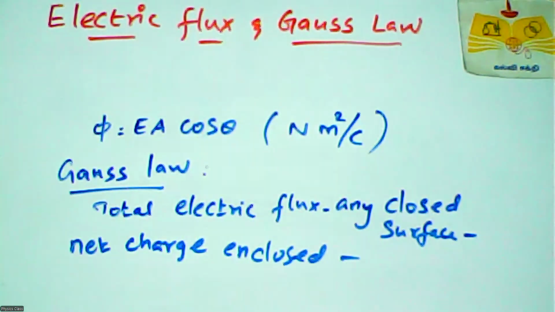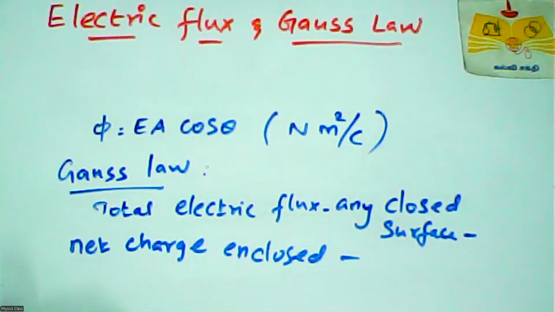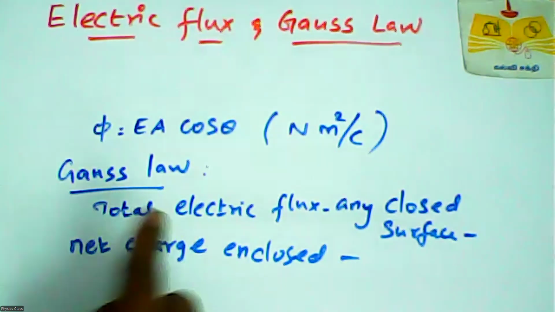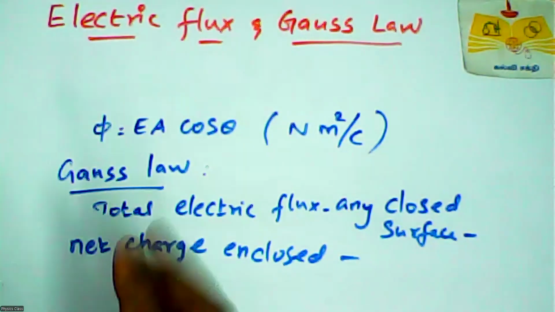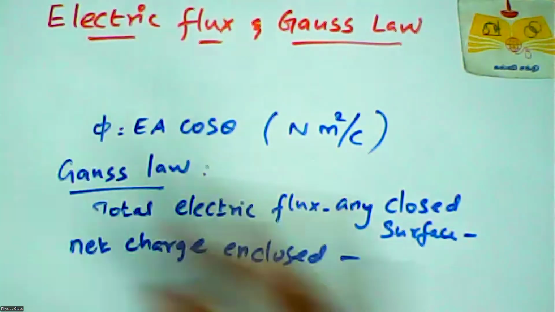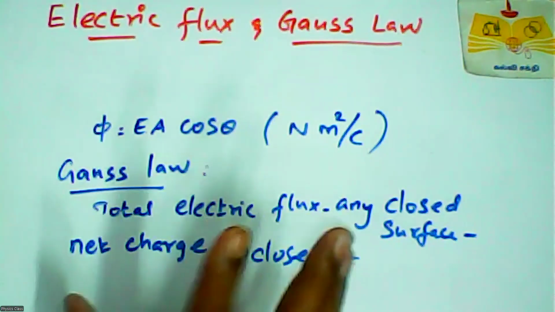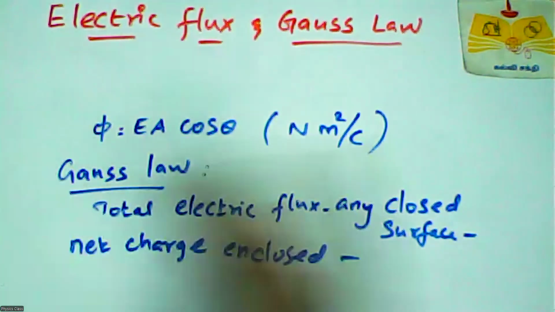So, for example, you can take one closed surface and find how many charges are inside the closed surface and how many charges are outside the closed surface. For the surface, the charge outside does not contribute any electric flux, so we can neglect it.